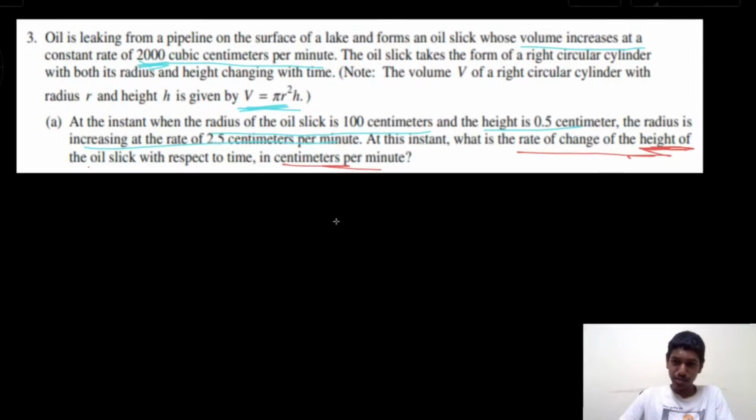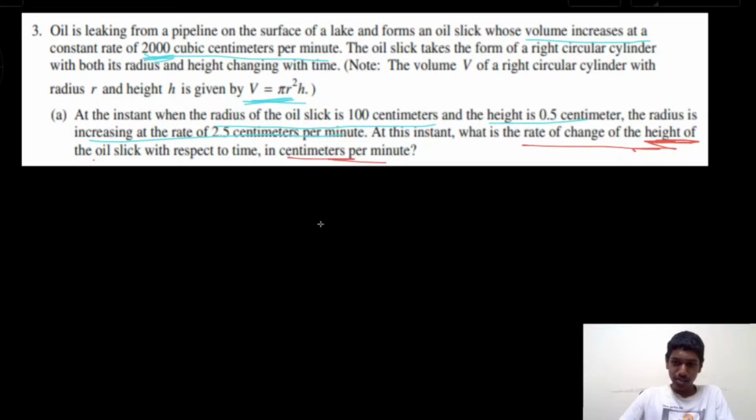But let's go ahead and write what we know here. For one, we know that the volume does increase at 2000.